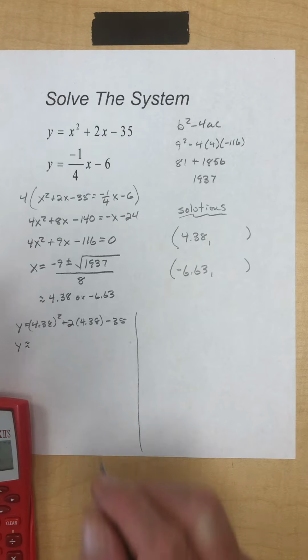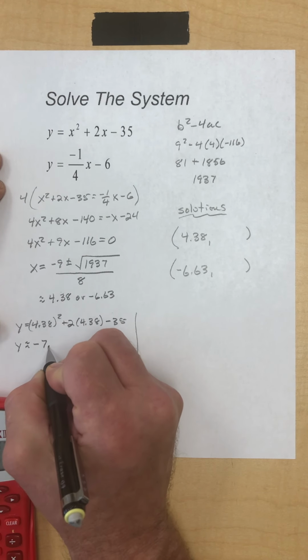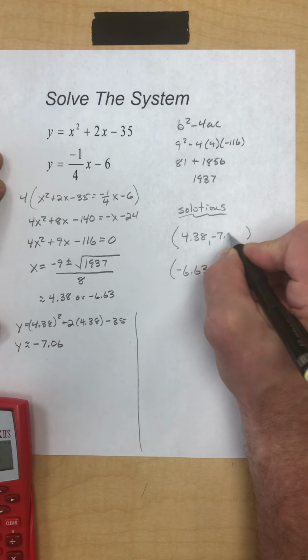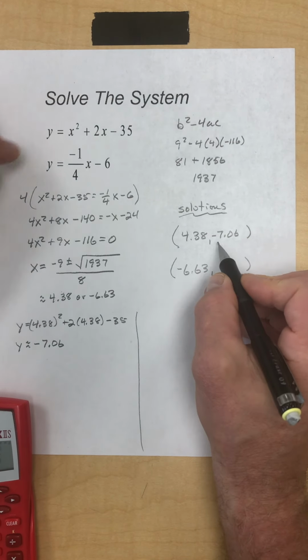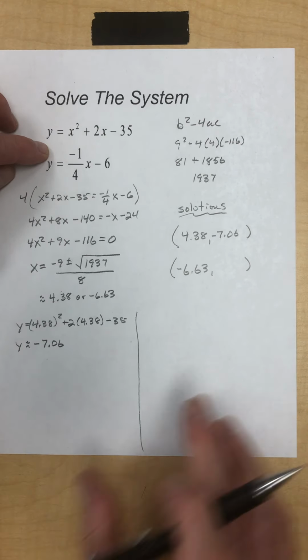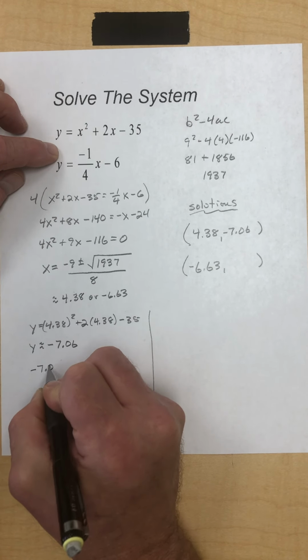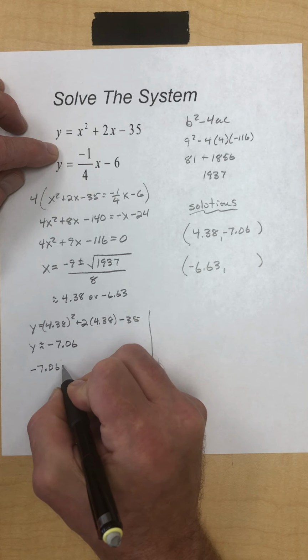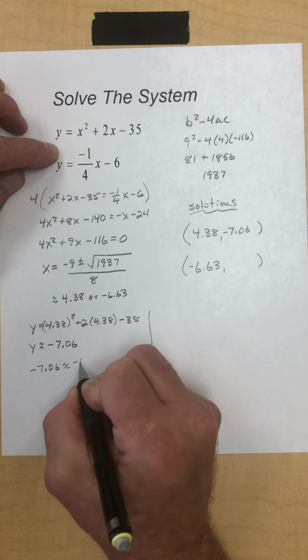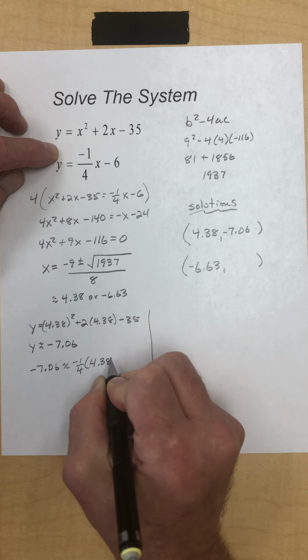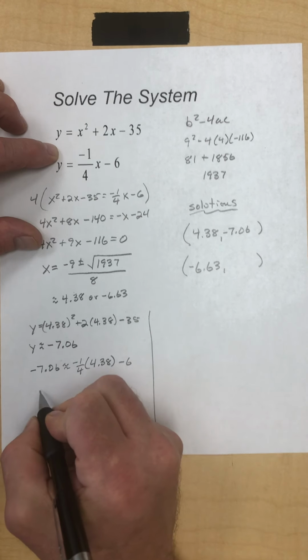I'm getting roughly negative 7.06. Negative 7.06. Now I have to check this in the second one and see whether or not it comes close.